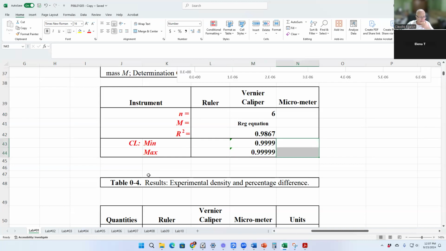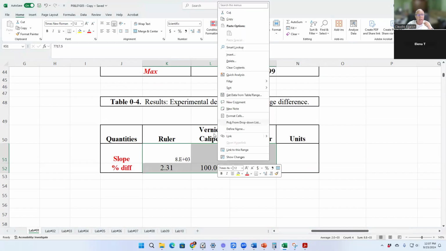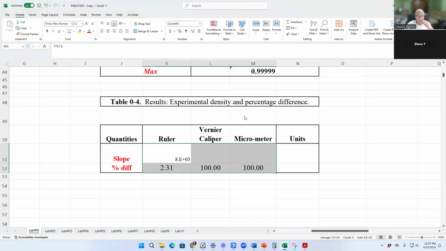Sorry, one last question. For the slope, it's when you get the equation, right? And you get what's in front of the x.